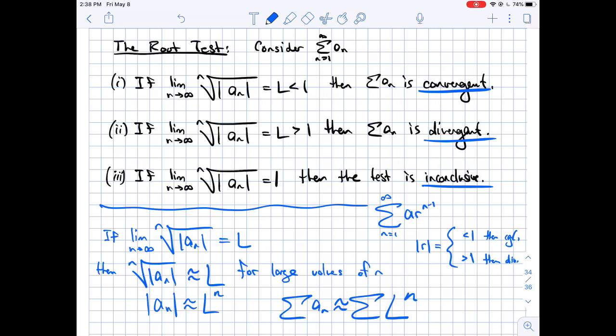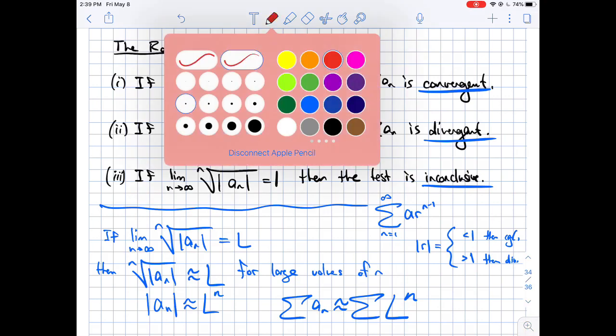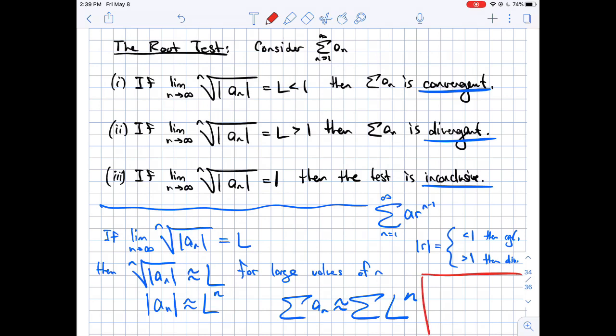The only thing that's really different here is, what happens if the root test is equal to 1? Well, similar to what we did for the ratio test, you could look at some examples. Just take the two examples, 1 over n and 1 over n squared, and do the root test on each.